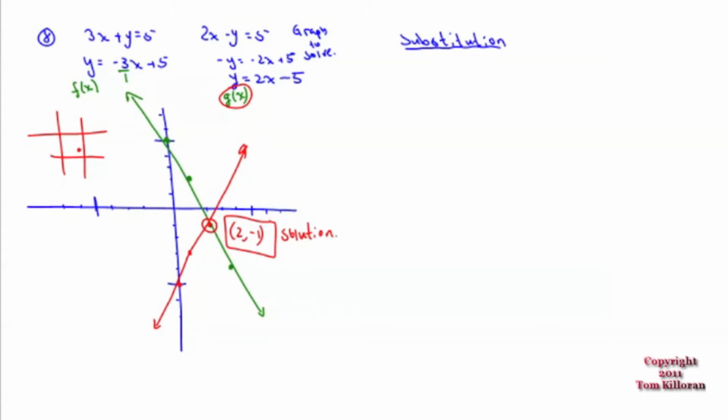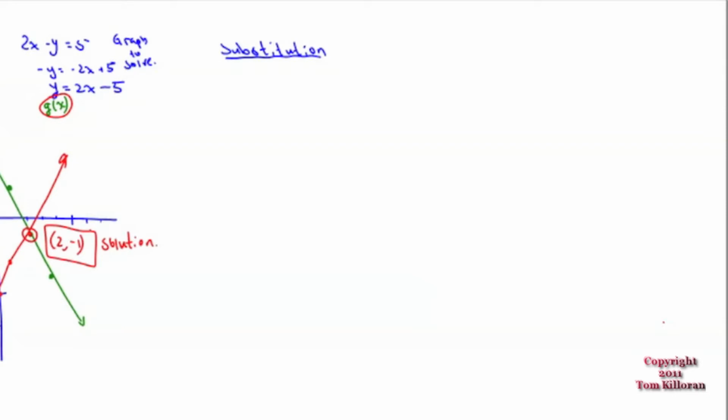The only thing good about substitution is it works for other types of systems of equations, ones that are not linear. Quadratic, cubic, circular, elliptical, all different types of ones will work with substitution. Lines have a special type of solving. There's actually two different ones that are very nice, but they only work for lines.